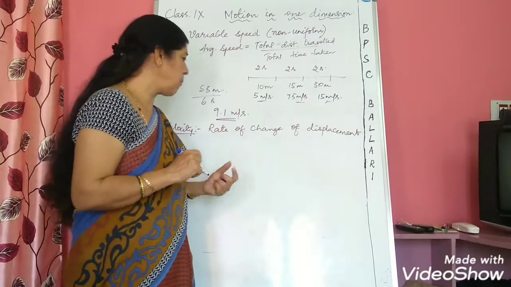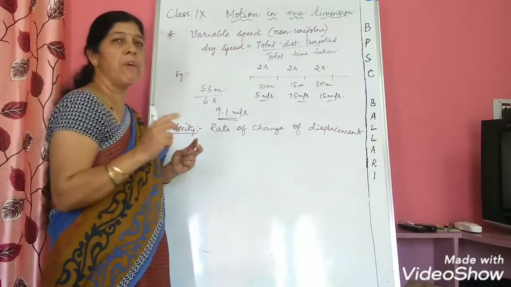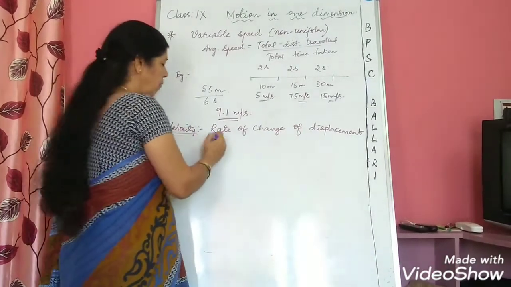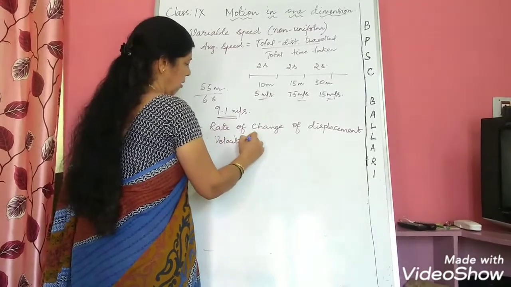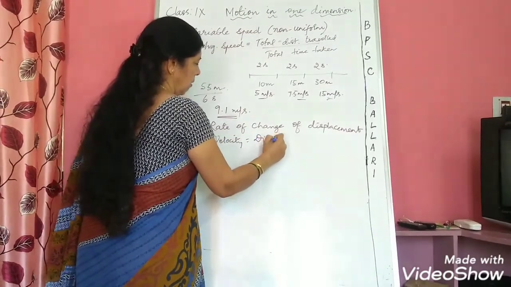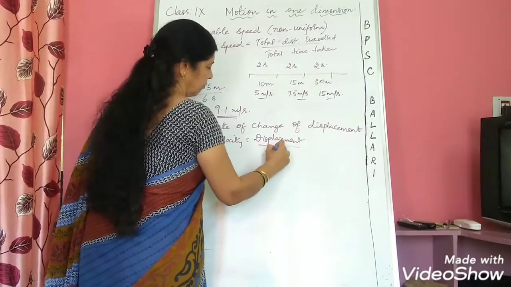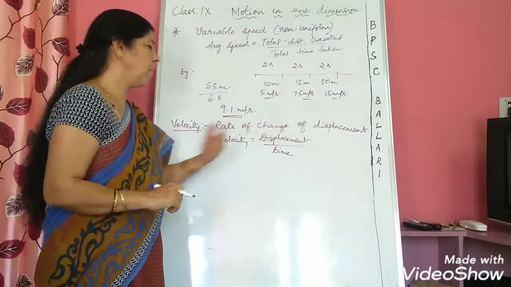So here you must remember that even velocity will be a vector quantity, because there will be a specified direction when you are talking about displacement of a body. Therefore velocity will be equal to displacement by time taken.